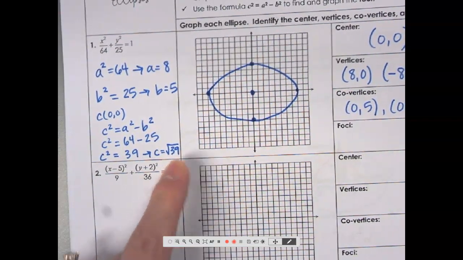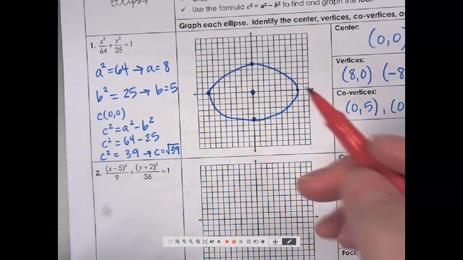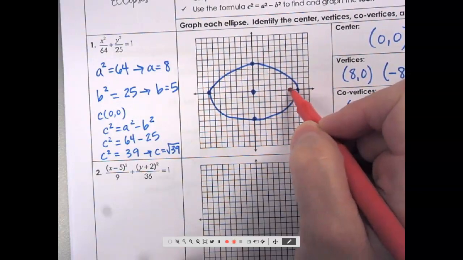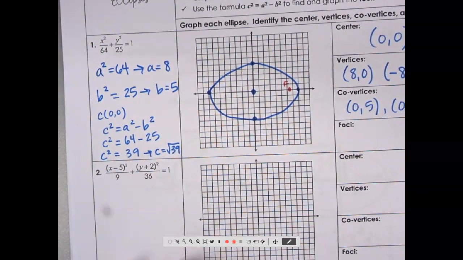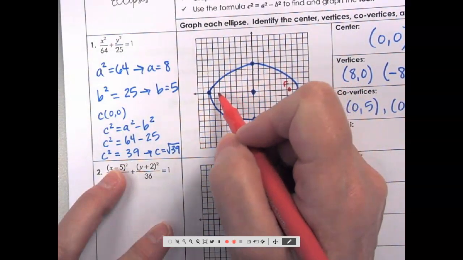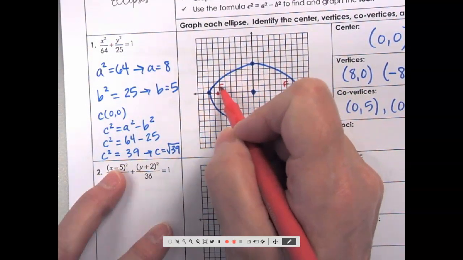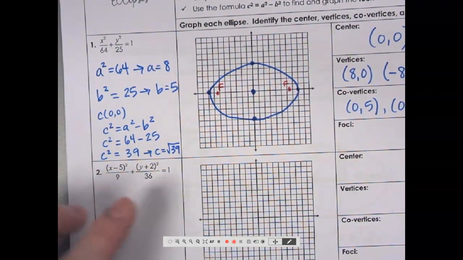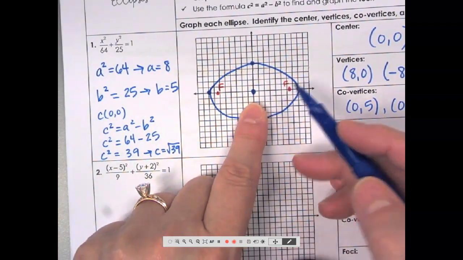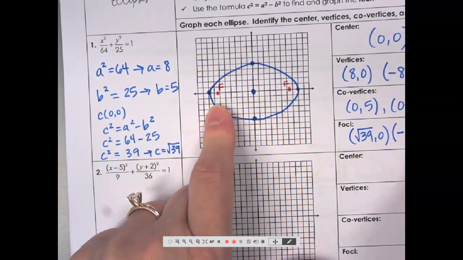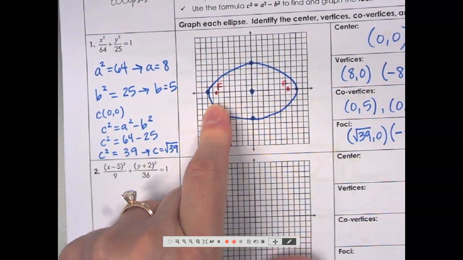Okay, so what I'm going to do is graph it just by going a little more than 6. 1, 2, 3, 4, 5, 6, and a little bit more. And I'm just going to put a little F there for focus. And then 1, 2, 3, 4, 5, 6, and a little bit more. And another F for focus. But what are those ordered pairs? Well, I went right square root of 39, so it's just square root of 39, 0. And I went left square root of 39, so it's negative square root of 39, 0.